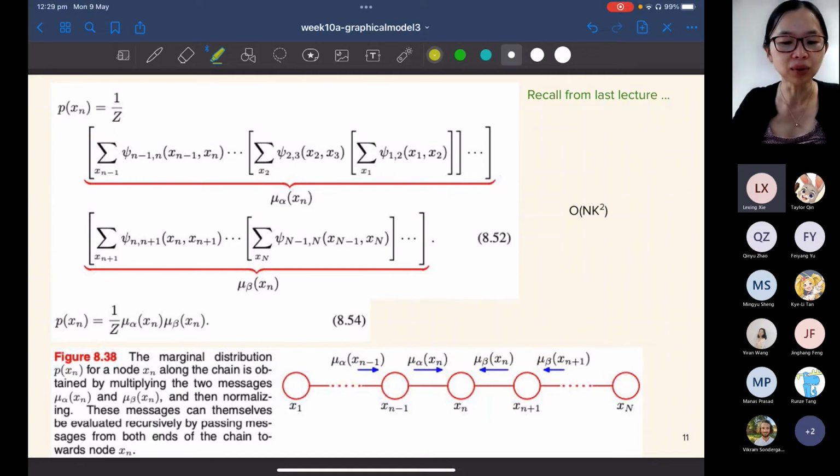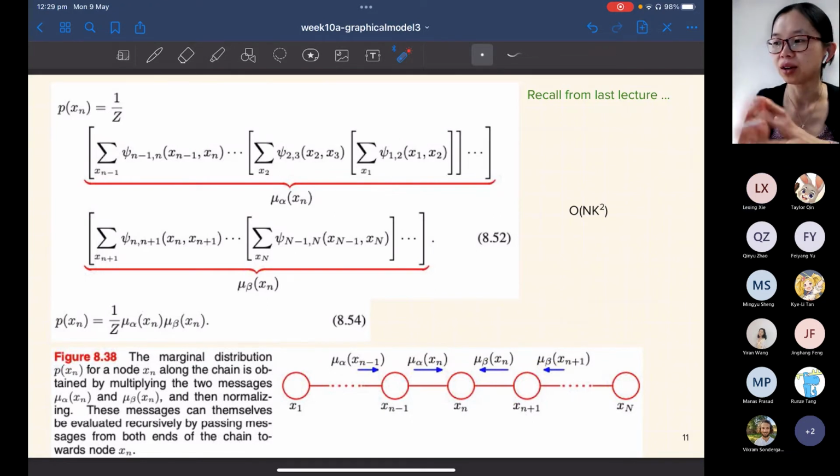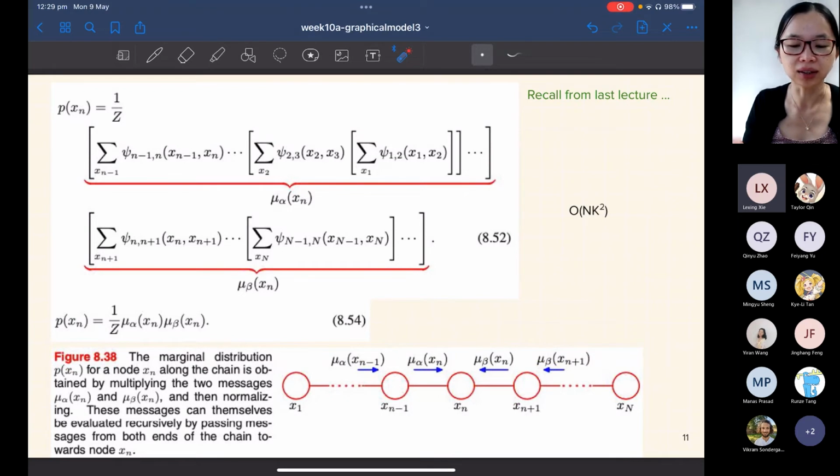Remember what we did last time for a chain-shaped graphical model. We were computing what we call messages, mu of alpha and mu of beta. Alpha and beta refer to the forward and backward messages in sequence models, but here they were just notation to distinguish things.